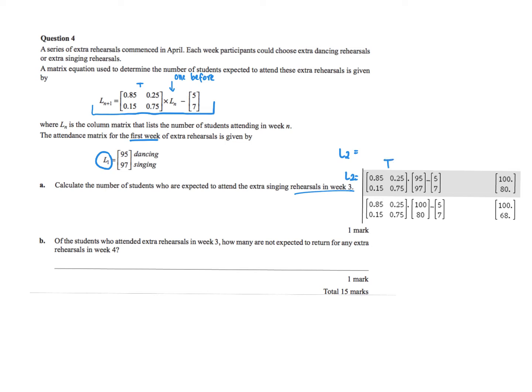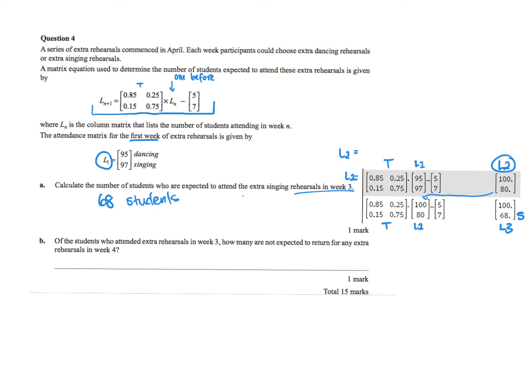We have to use the transition times the one before, which would be L1, and then we're minusing that other matrix, and we end up with L2. You can see I put L2 into the formula again, so that I can find L3. Now, calculate the number of students who are expected to attend extra singing. This bottom number is the singing. So we're going to say 68 students.